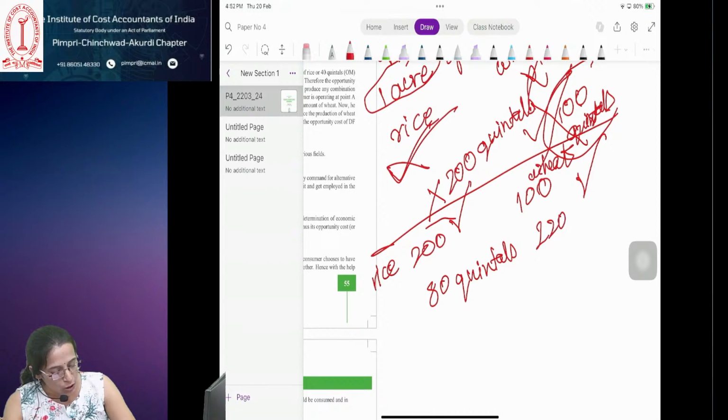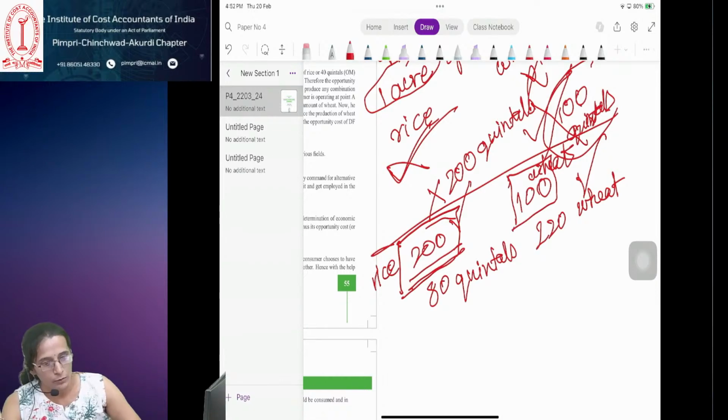I produce 220 quintals of wheat. I take a combination now of both rice and wheat. We saw only rice 200 quintals, only wheat 100 quintals. Now I am producing a combination: 80 quintals of rice and 220 quintals of wheat.